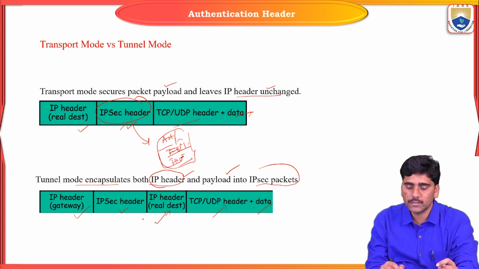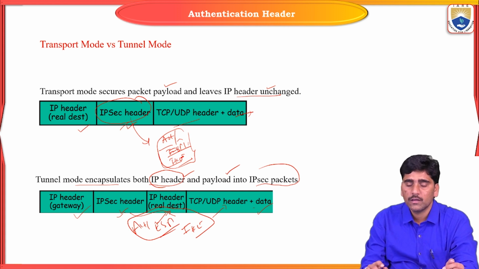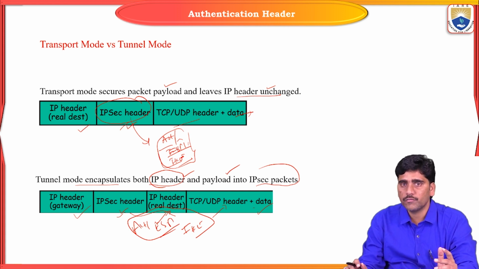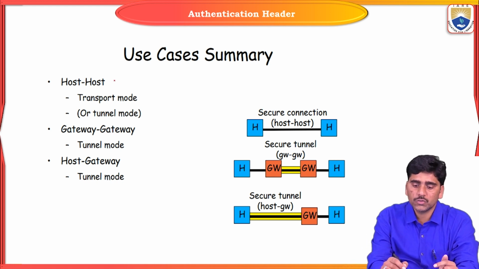The IP header of the real destination and the IP secure header both belong to either the authentication header, ESP header, or IKE header. Which describes the difference that is added in the packet frame format.